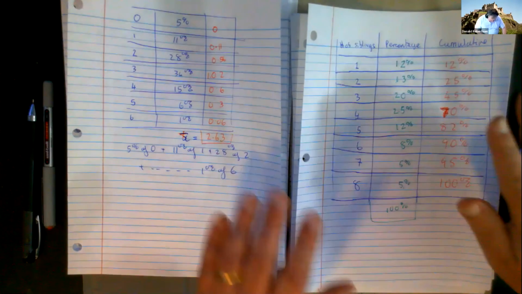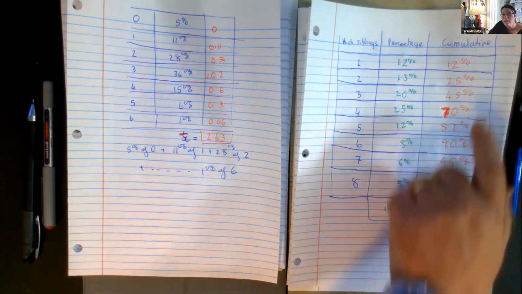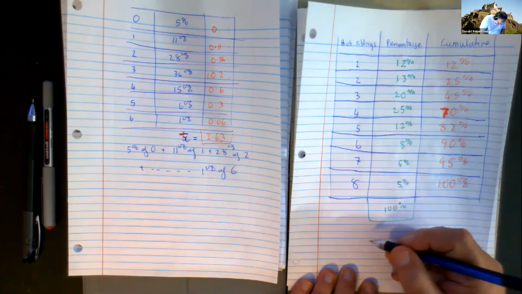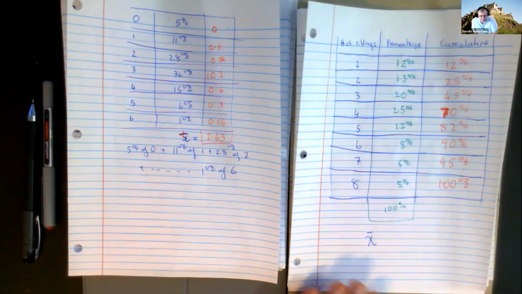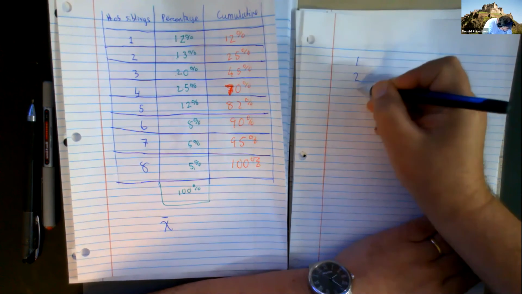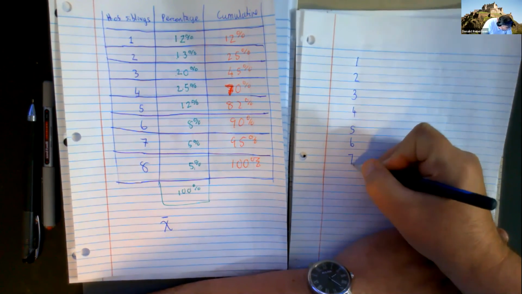Right, this one here is the siblings one, right? Yes. And this is a created table. What I'm going to do is take this table and we're going to find the mean, right? So in this table here, I'm going to go 1, 2, 3, 4, 5, 6, 7, and 8.